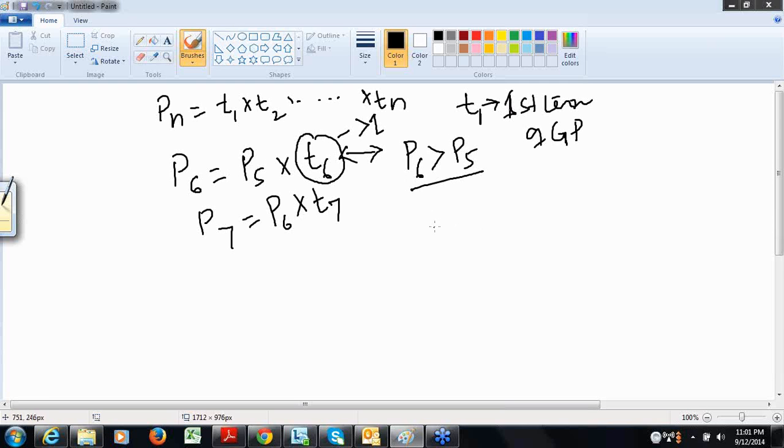How? See, 5 is equal to 4 into x. So x has to be greater than 1 because 5 is greater than 4. So x has to be greater than 1.